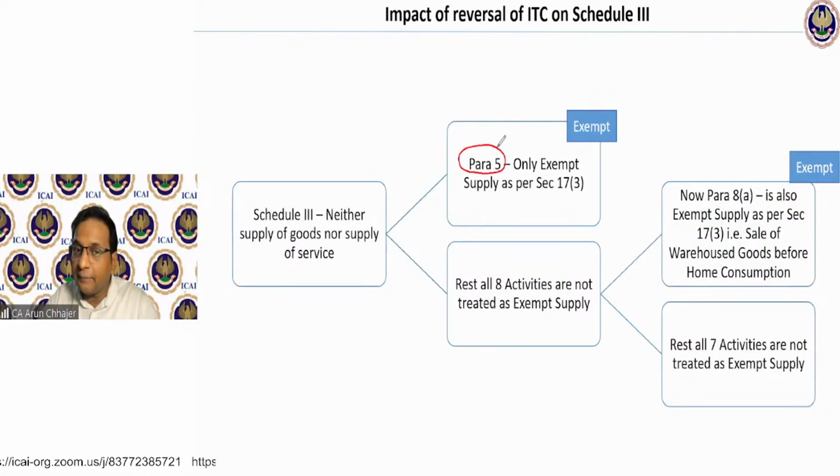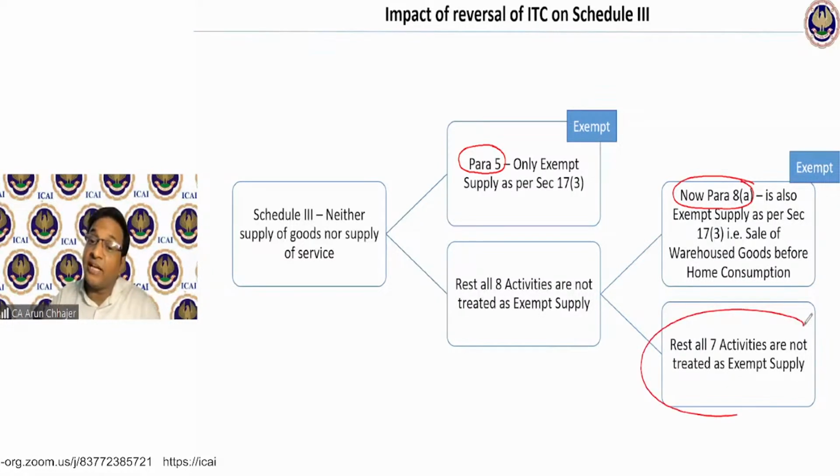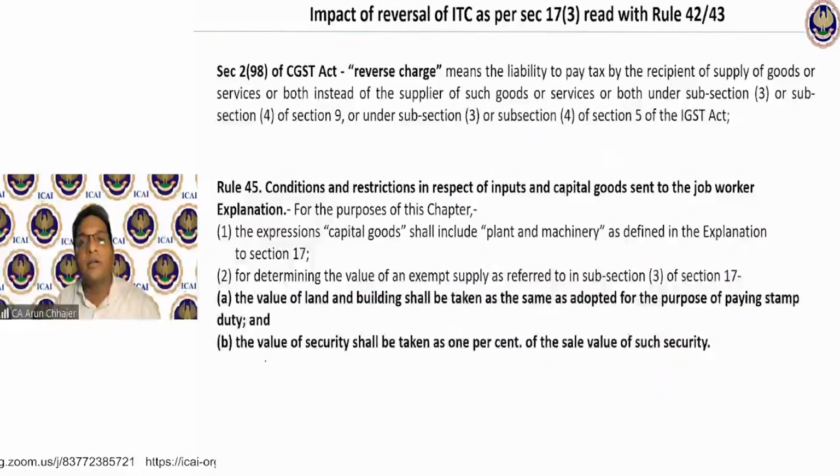Out of 8, para 5 and para 8A are considered as exempt supply, and the rest of all the activities are not considered as exempted, and therefore there is no requirement of reversal of ITC.